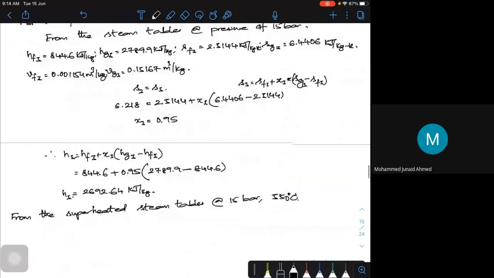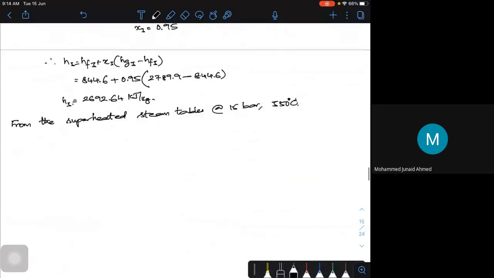So H4 is equal to around 3148 kilojoules per kg, and S4 is equal to 7.103 kilojoules per kg degree Kelvin.